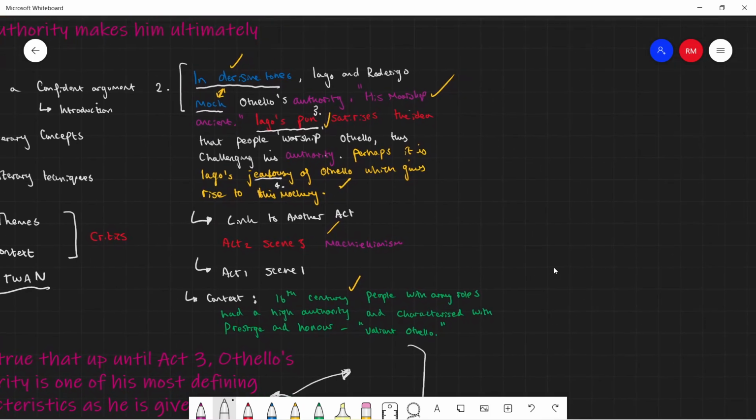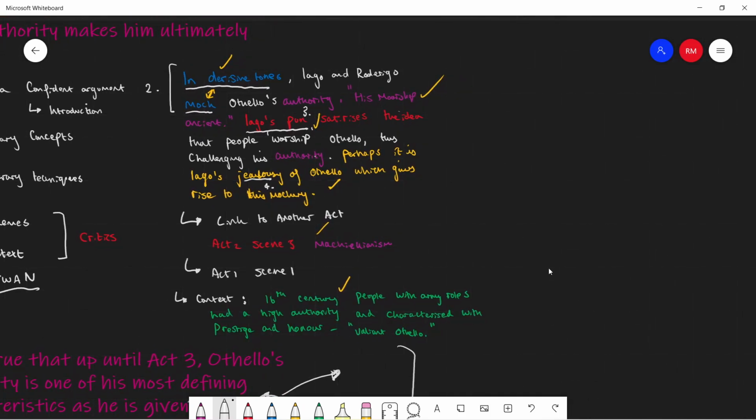And I'm not saying this is the best way, but you have to keep thinking about creating an argument. And for the introduction, you have to have for and against. So this is the intro. For your second paragraph, you can have for or against.